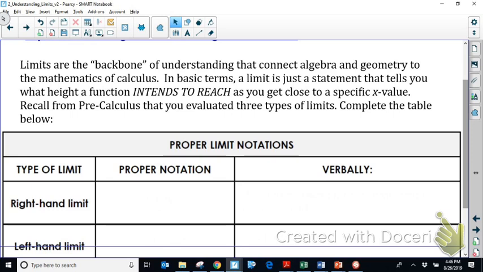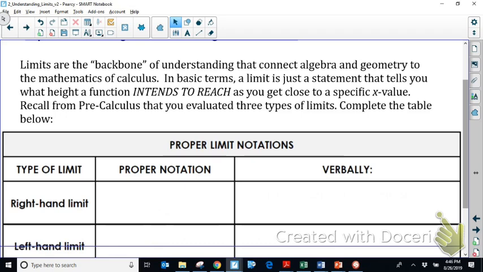But the idea of a limit is just, as a number approaches, or as a function approaches a number, how does the function behave? What does it approach? You've seen some of this stuff in pre-cal or college algebra, and this is how you're going to take those concepts and apply them in a calculus setting.